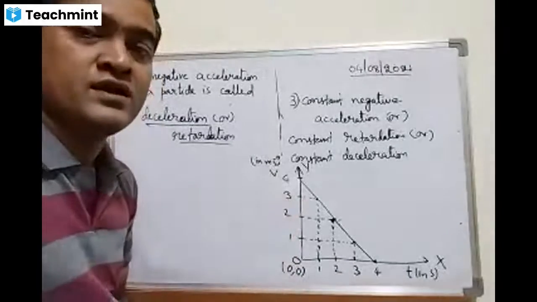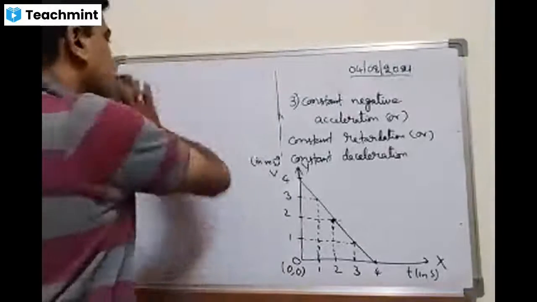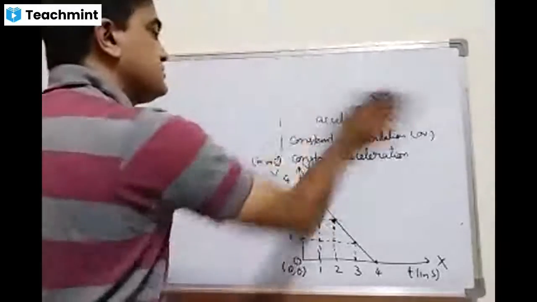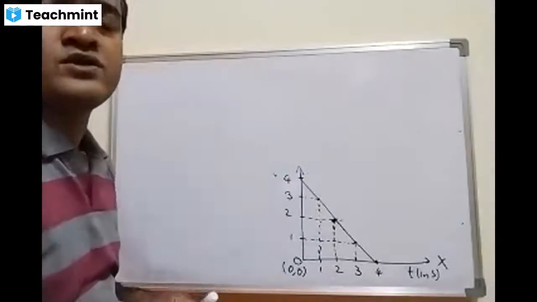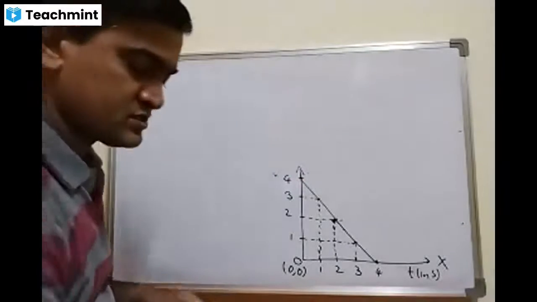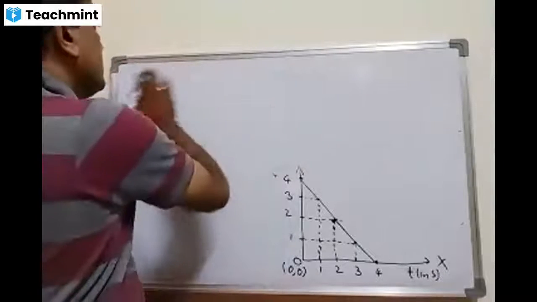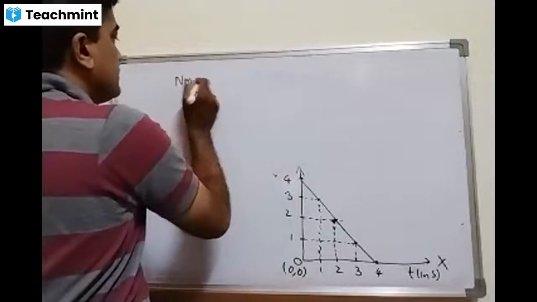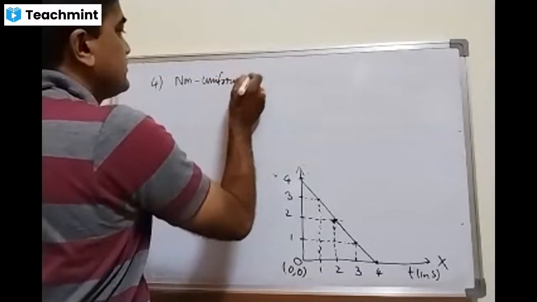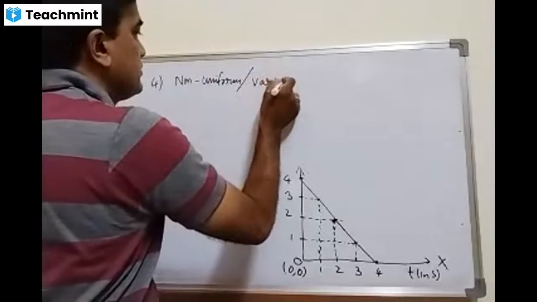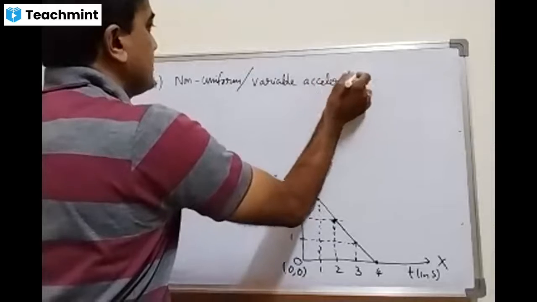This is about the third graph. Let me show you the fourth graph. The fourth graph is non-uniform or variable acceleration.